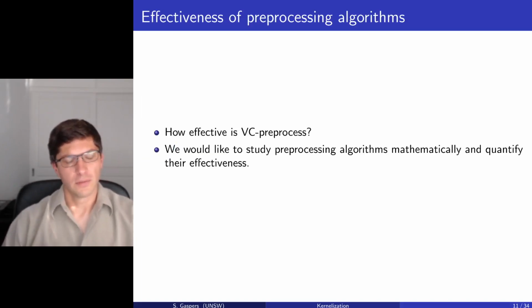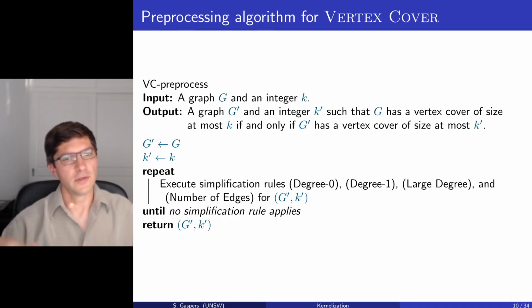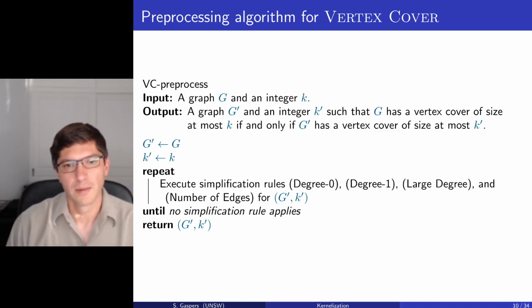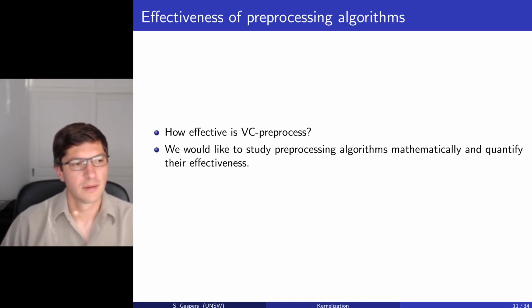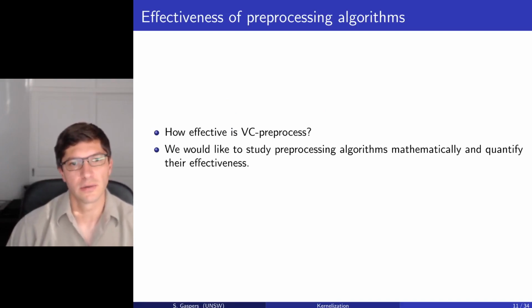I think it's quite easy to see that each of these simplification rules takes polynomial time. But how effective is this pre-processing algorithm? The main idea here is that we would like to study pre-processing algorithms mathematically and quantify how effective they are.